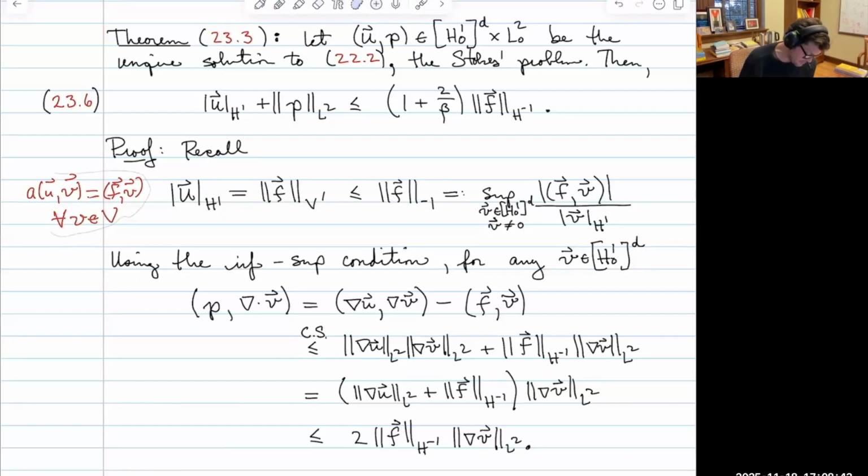There's a weaker result in the Lax-Milgram lemma, but Riesz's representation theorem says that you precisely have that equality. So let's write that there. Riesz's representation theorem tells us that the H1 seminorm of u is equal to the operator norm of f with respect to V.